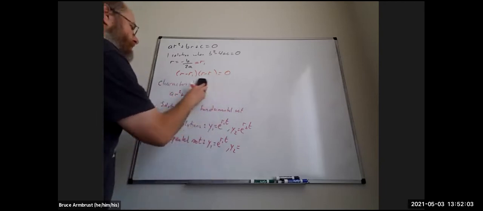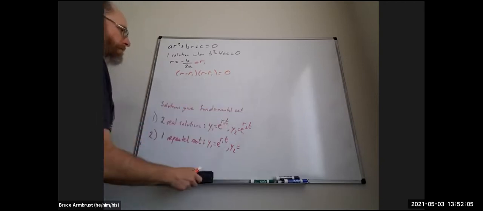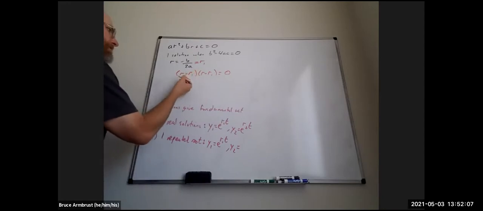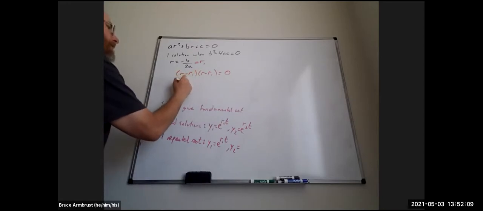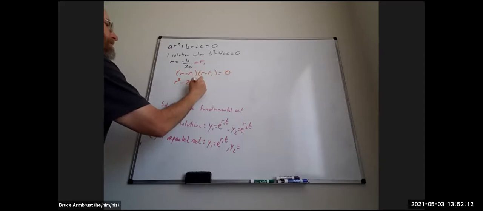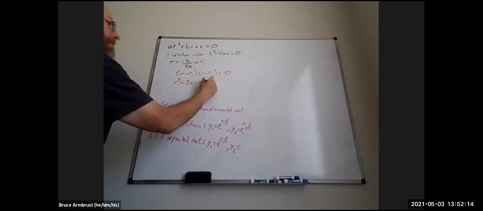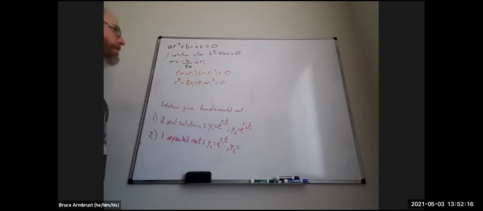So that actually tells us a little bit about the characteristic polynomial, because if I multiply this out, I get r squared minus 2r1 times r plus r1 squared.